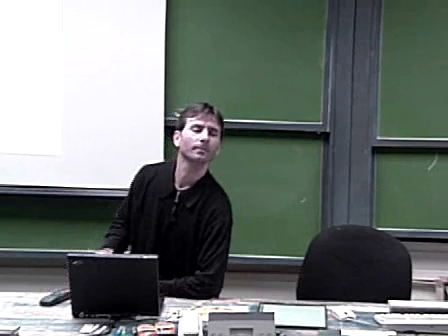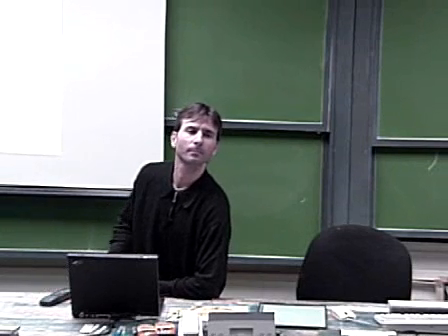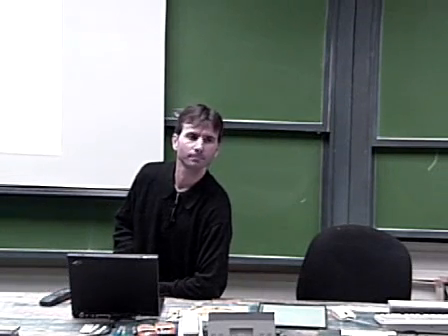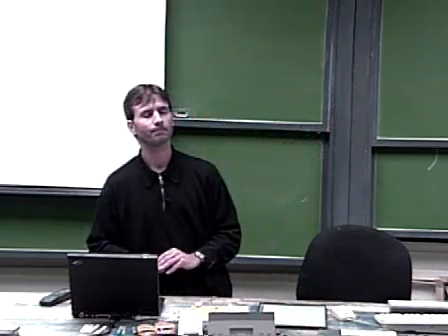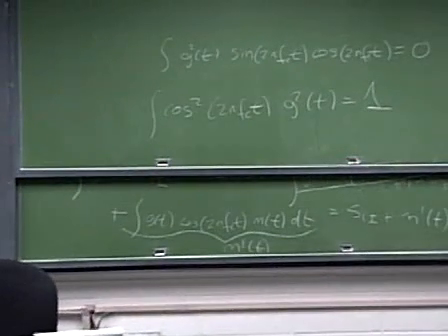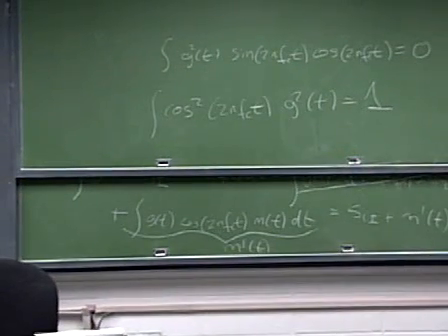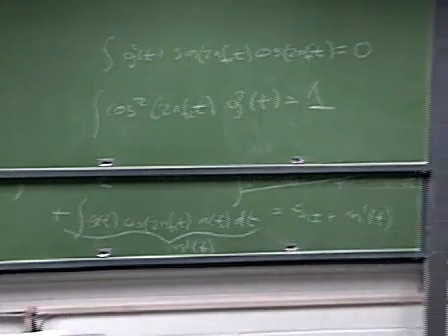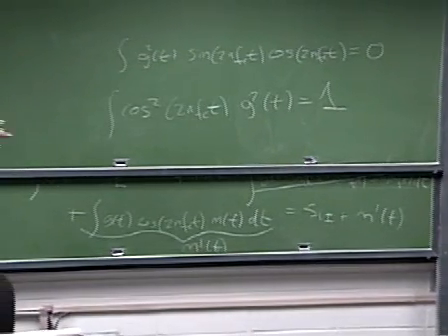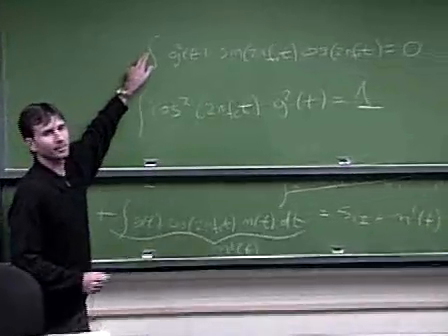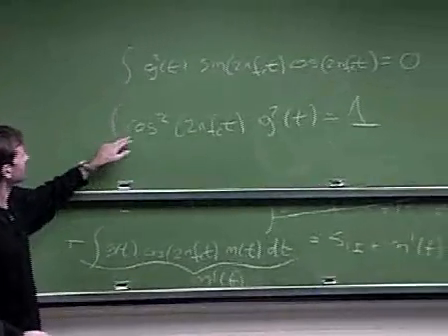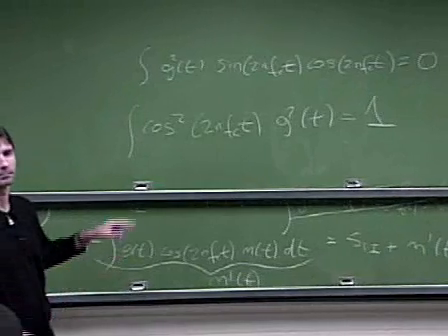The condition on g of t, that cosine squared times g of t squared equals 1, does that also have to mean that sine squared times g of t squared equals 1? Yes, exactly. So when you go to the bottom branch, the question is, what are the conditions for the bottom branch, right? This condition is going to be the same, and this one is going to end up with the sine squared.